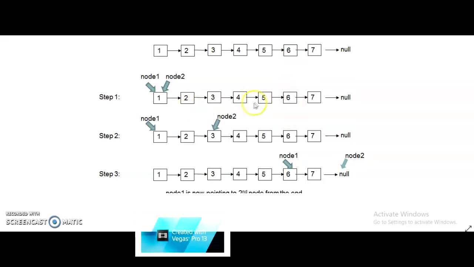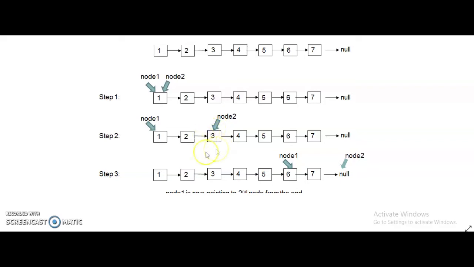We will traverse node 2 twice from the front, since it's the second number. So node 2 will be here and node 1 is here now.